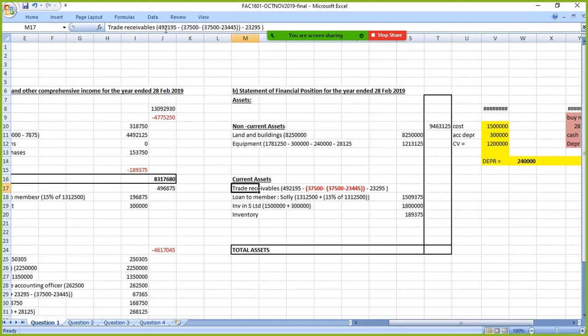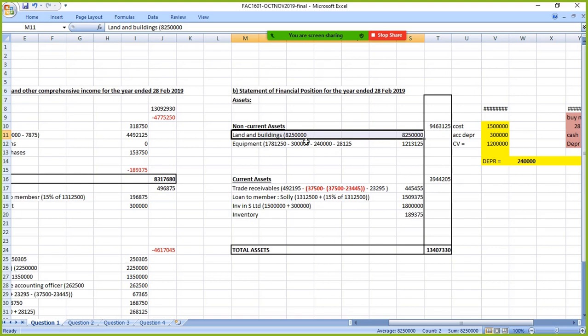I need to work this out. Right, same answer there. You got 134073. I got 113. What didn't you do right? Right. Land and building, same figure.